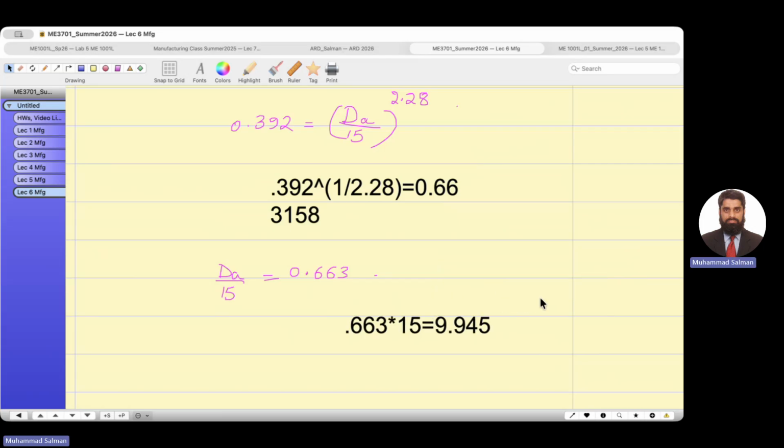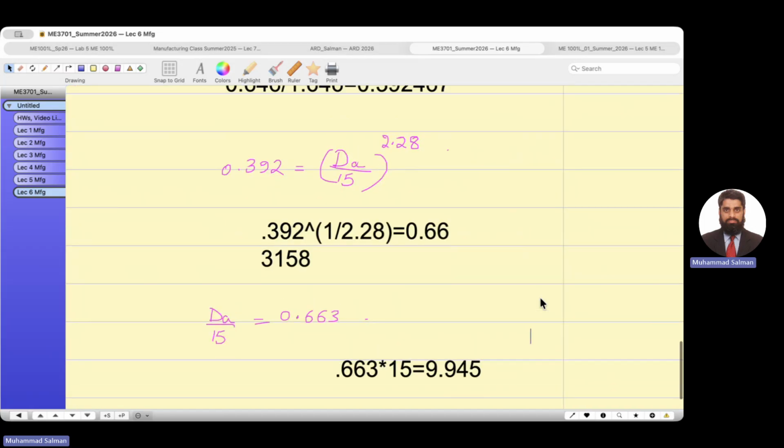A little bit of decimal places is okay. Do you get this answer?